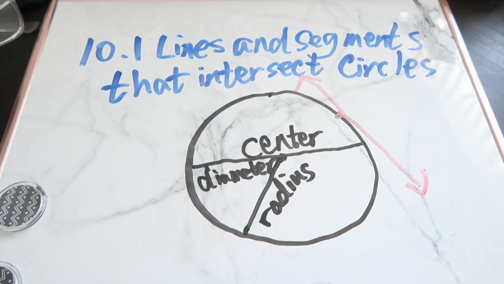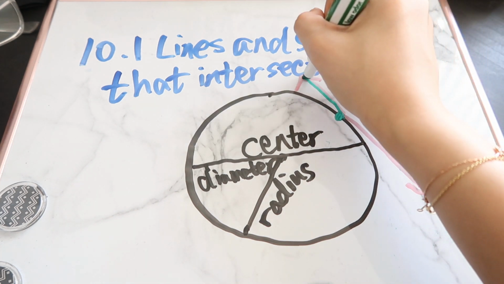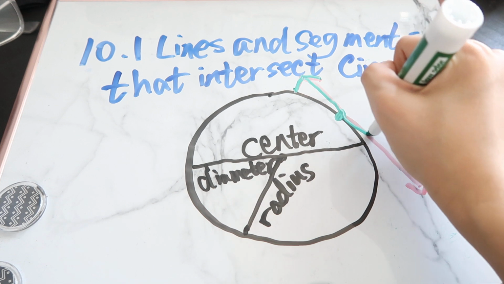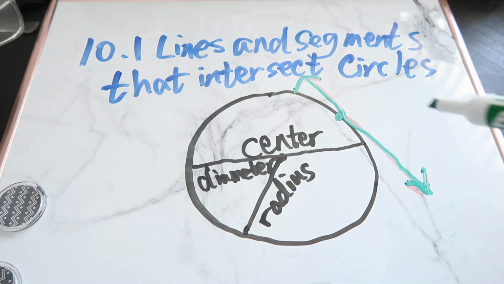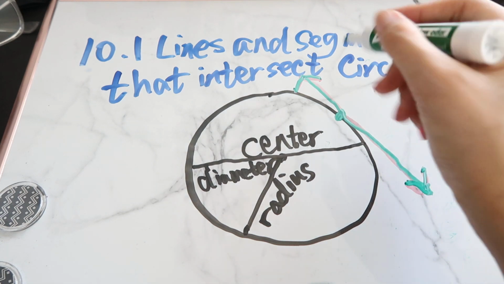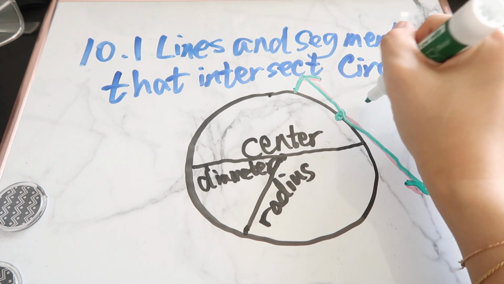This might be a little bit too light. Let me change to a different color. So again, this is the point on the circle. There is a line that goes through the point. So the only intersection of the line and the circle is at this point and nothing else. And we call this line tangent.